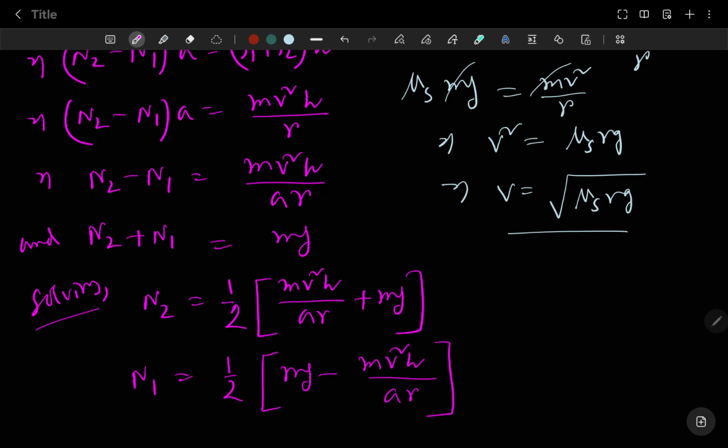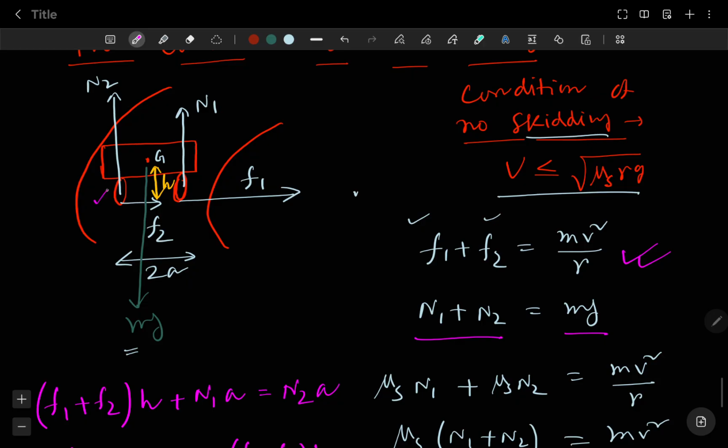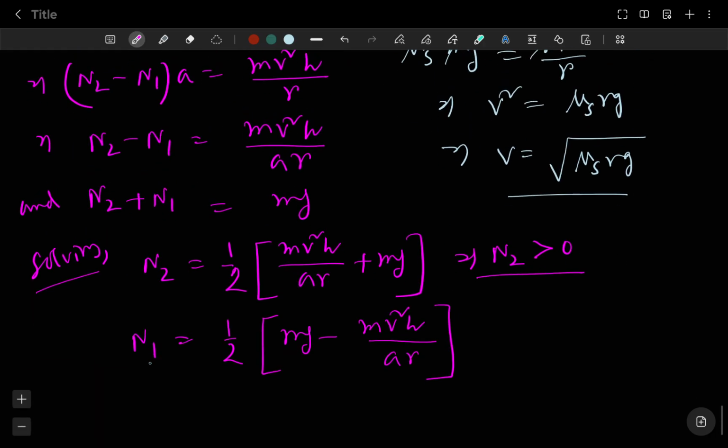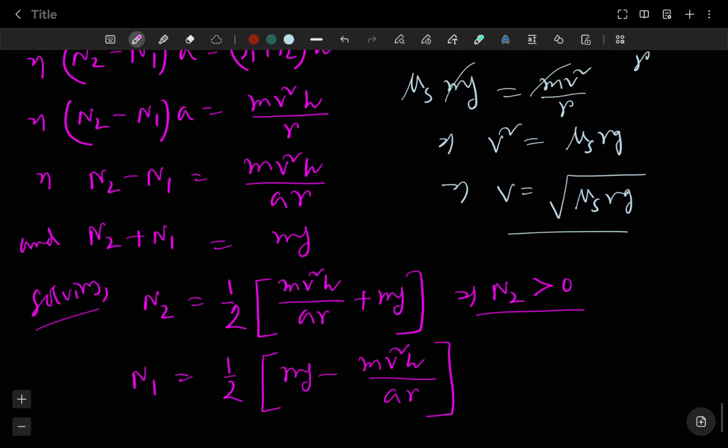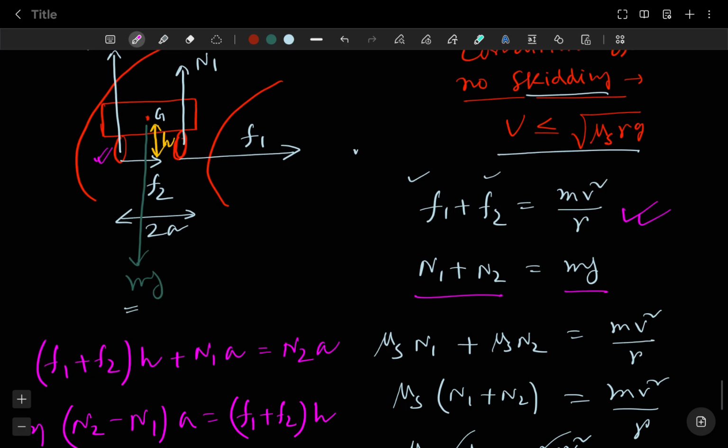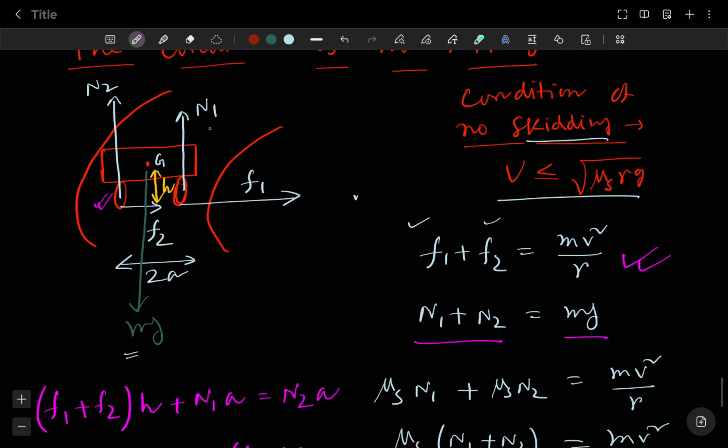Now see, N2 cannot be 0, it is always greater than 0. That means this wheel will always stay on the ground whatever be the situation, but N1 can be 0. If N1 becomes 0, that means the normal reaction on this wheel becomes 0.